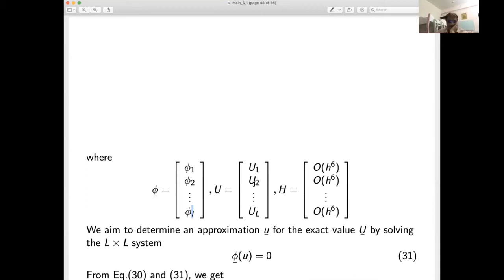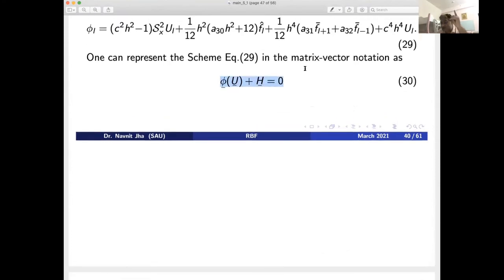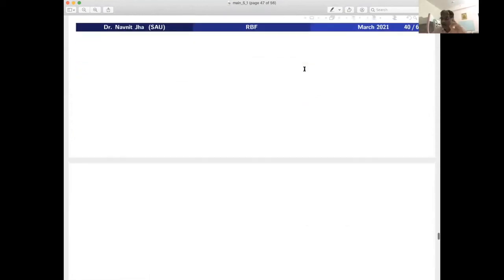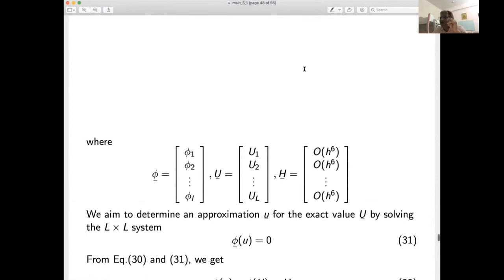Now, this equation basically is giving the exact solution. That is what uppercase U is. But what we will calculate is lowercase u, that is, we will calculate the approximate solution. So in the approximate solution, the H term, the truncation term, will not be there. So this is what? Phi of lowercase u equal to 0. So this is what I am writing.